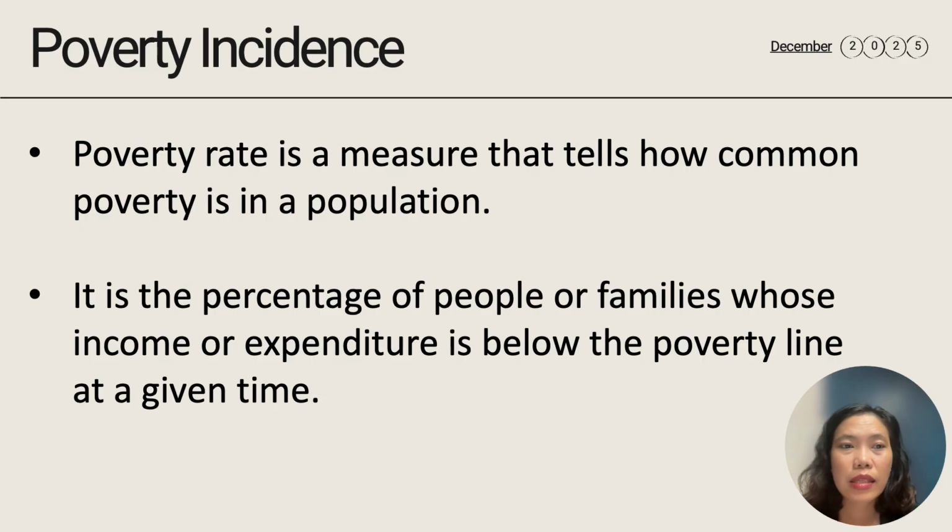So what it does not measure is how severe poverty is, the income inequality, and the differences within the poorest households. So why is the poverty rate important? Why do we need to know the poverty rate or the poverty incidence? Because it helps the government. It identifies how many people need help.